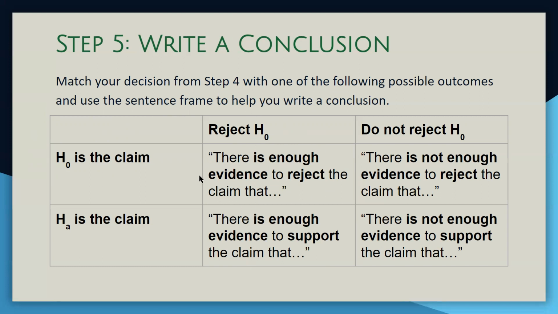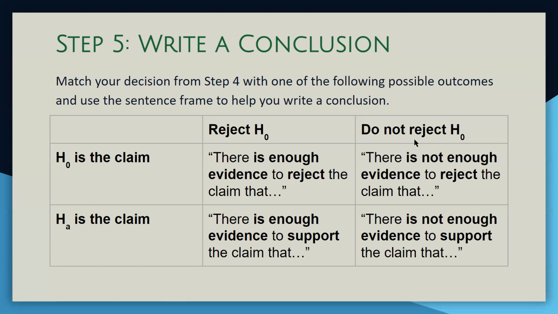If the null was the claim we're testing, we would say there is enough evidence to reject the claim that, and then you rephrase that claim in terms of the wording of the question. If we rejected the null and the alternative is the claim, we would say there is enough evidence to support the claim. You will notice for both the reject boxes there is enough evidence. When it's the null, we're rejecting. When it's the alternative, we are supporting.